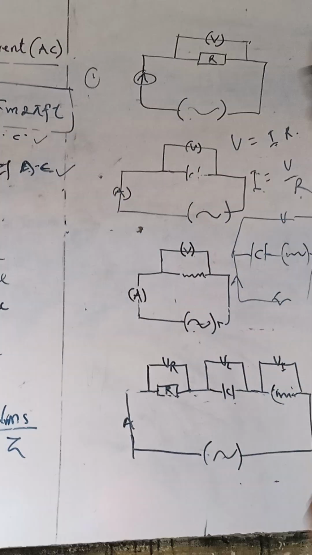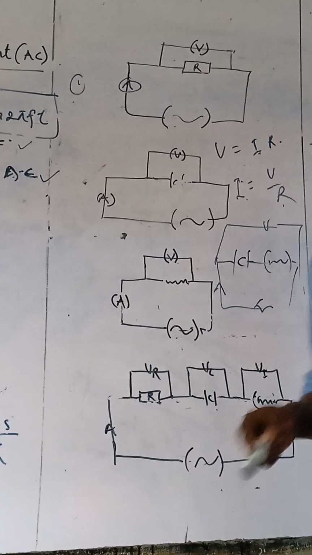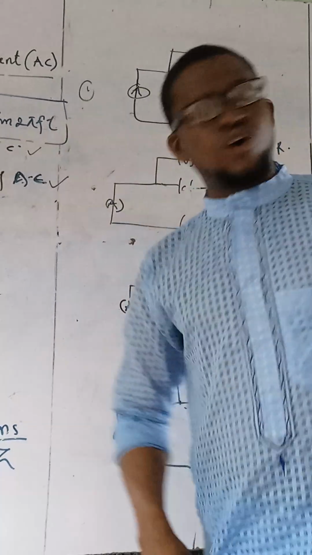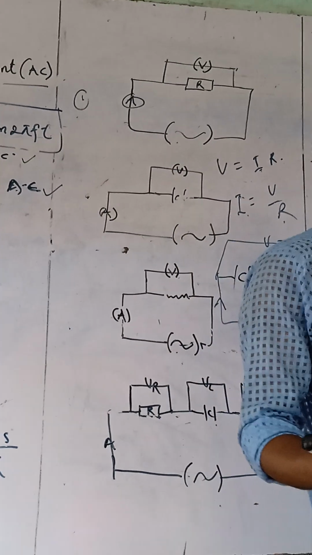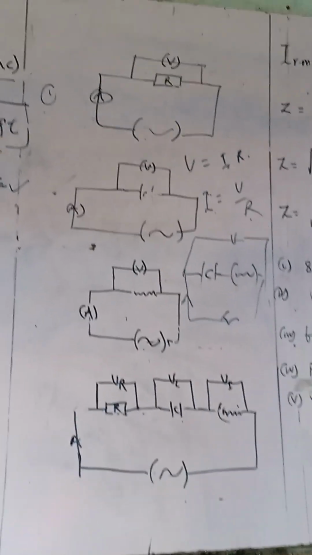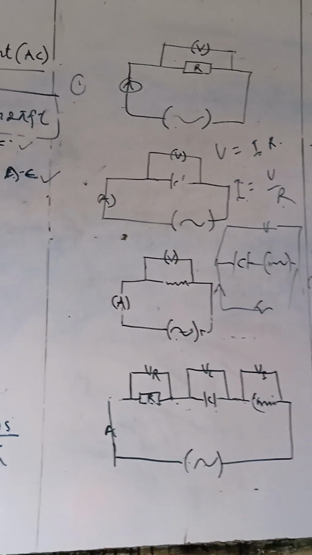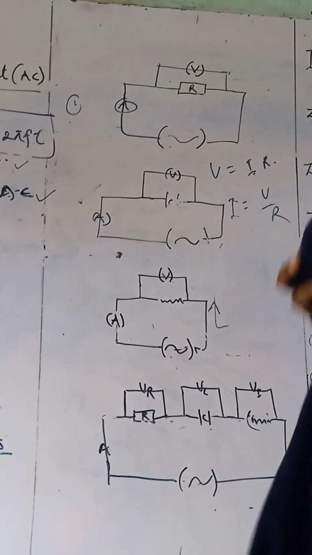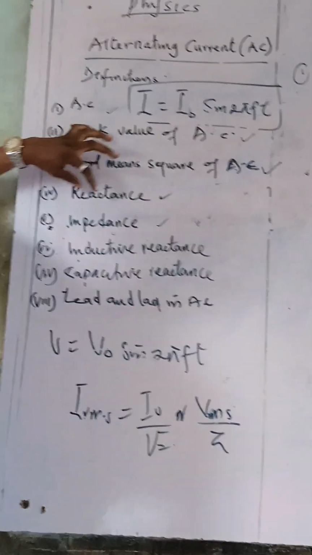So the definition says reactance is the regulation offered by either the capacitor or inductor or both in a circuit. Either the capacitor or inductor or both.